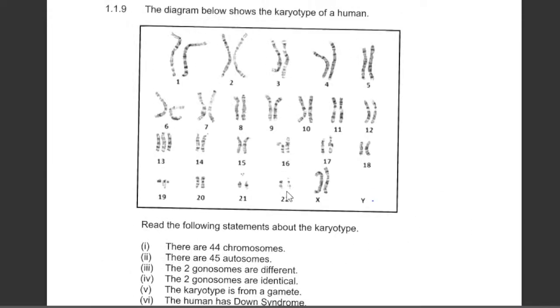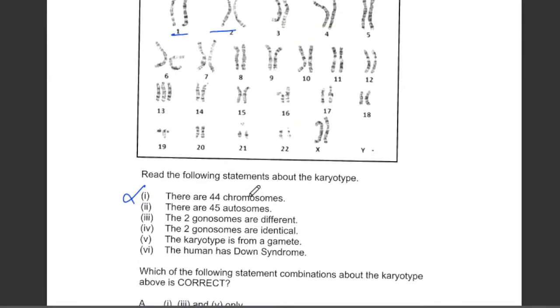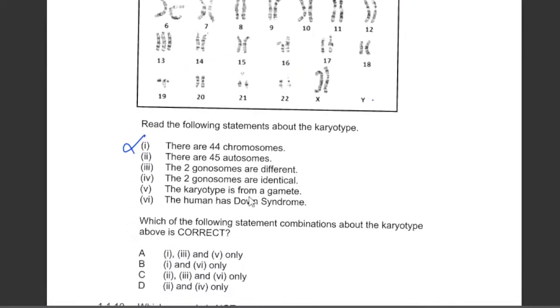No. If you count them, it's 1, 2, they are not 44. So this is ruled out. It's ruled out. I'll show you why. This is 45 autosomes. This karyotype has 45 autosomes. This, we're going to put a question mark because there is something we need to look at again.